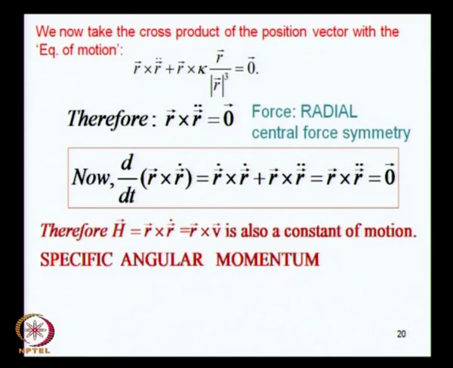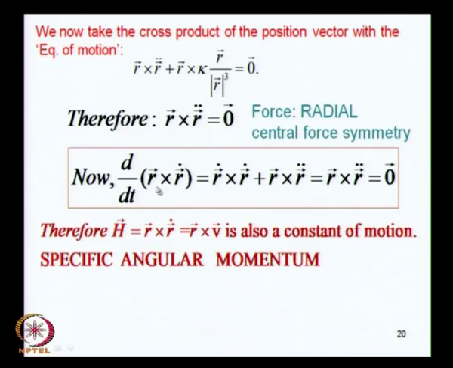Now, if this is true, then the r cross velocity is the time derivative of a cross product. This is the cross product of the position vector r with the velocity r dot.